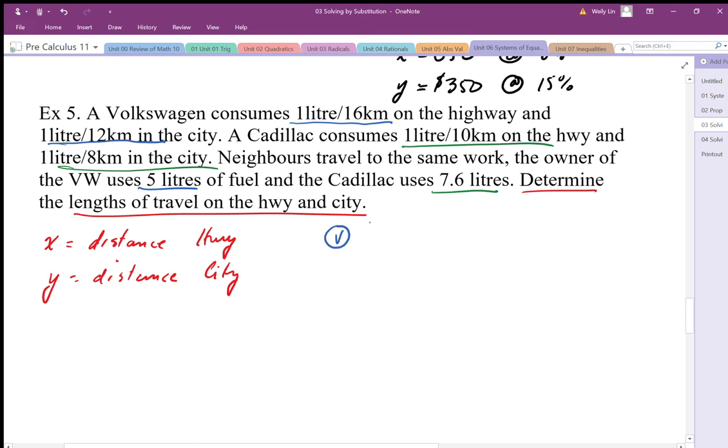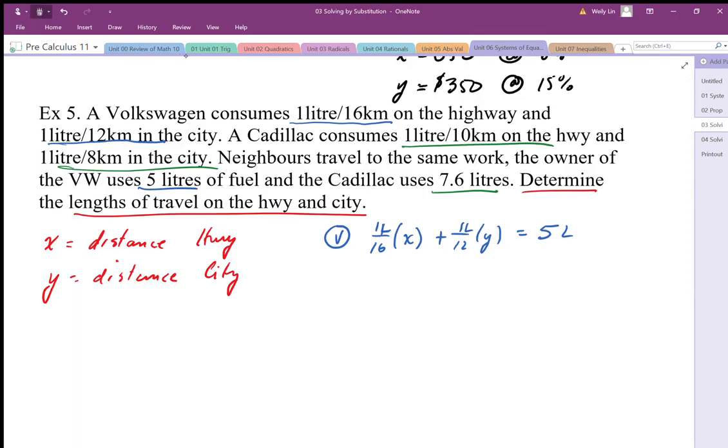My Volkswagen is going to look like this: 1 liter per 16 kilometers times the number of kilometers on the highway, plus 1 liter for 12 kilometers in the city. Together, that adds up to a total of 5 liters. Liters, liters, liters. Yeah.